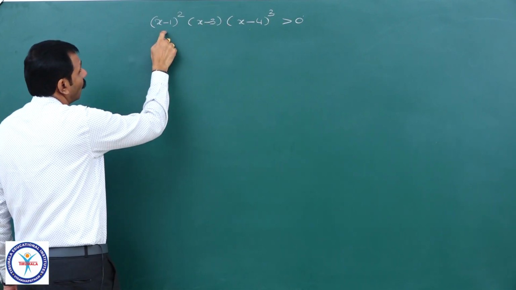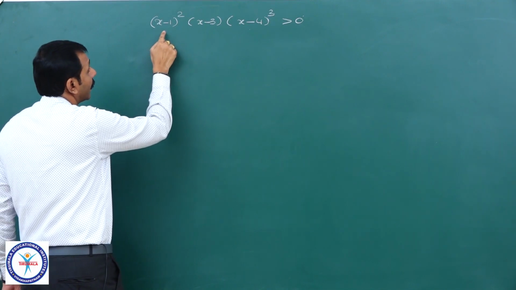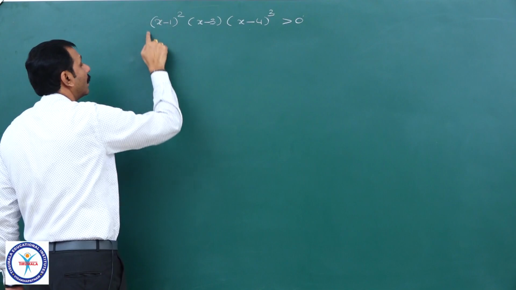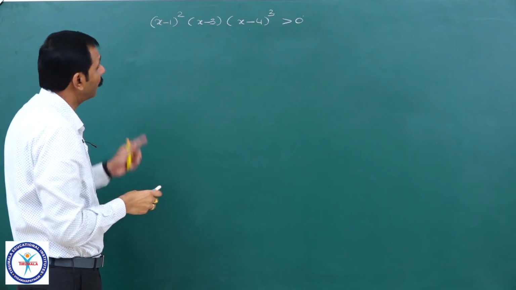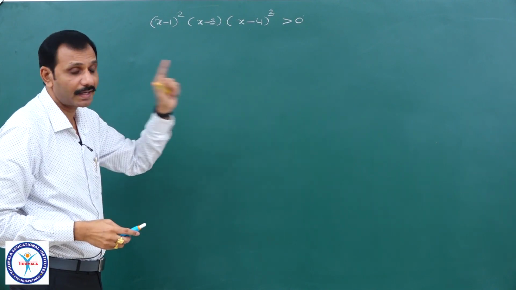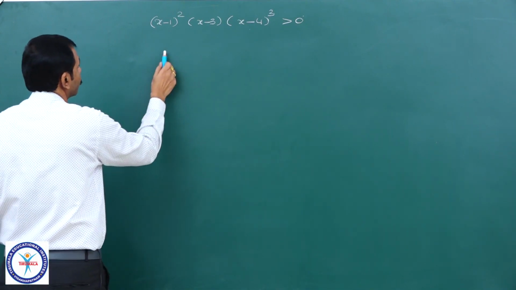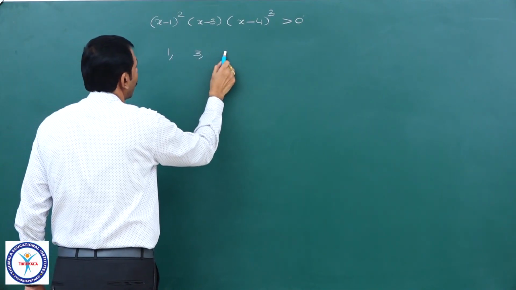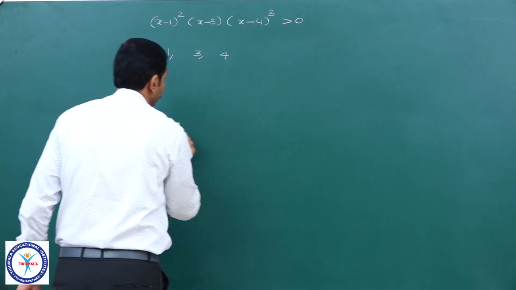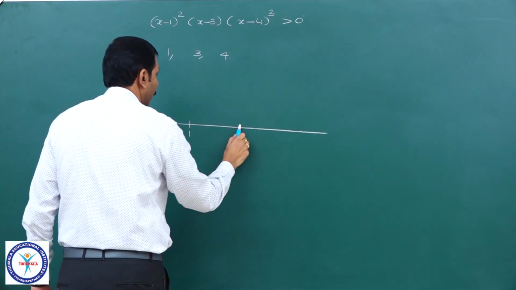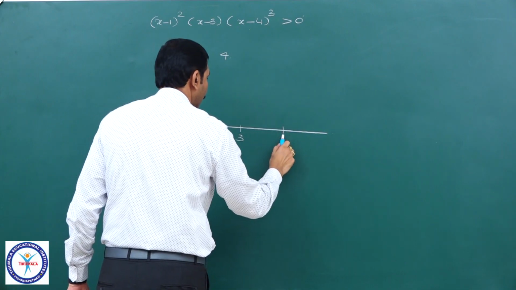And at x equal to 1, the sign will not change on the right side and left side. If you observe that, you can easily write the values where it is greater than 0. First observe the zeros: 1, 3 and 4. Let me mark here 1, here 3 and here 4.